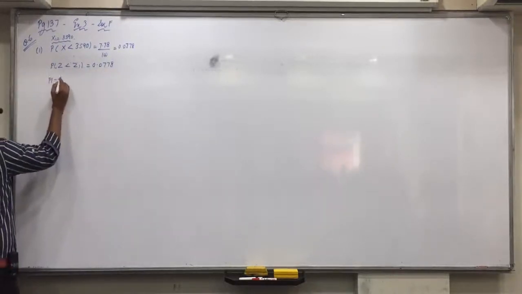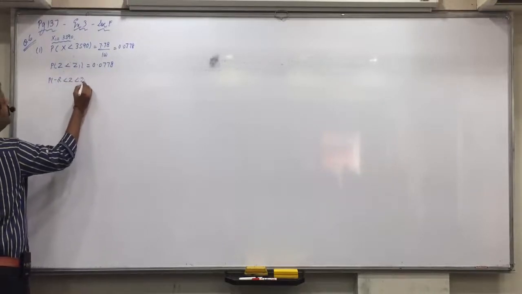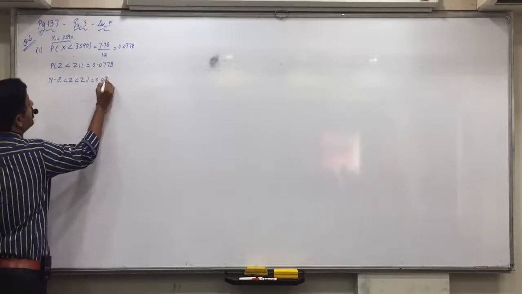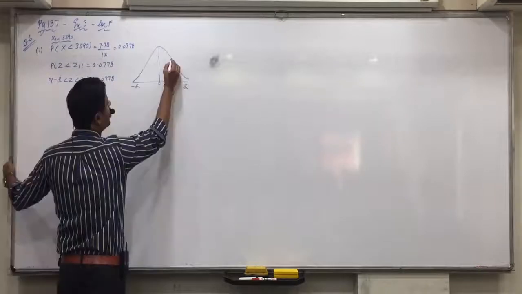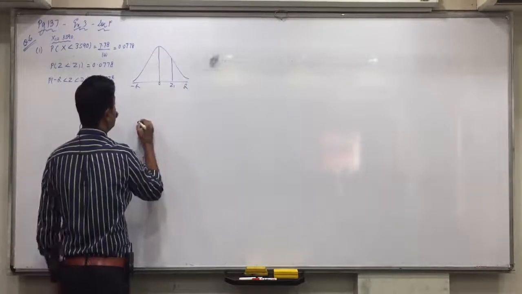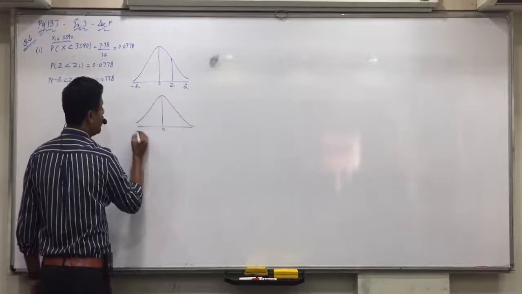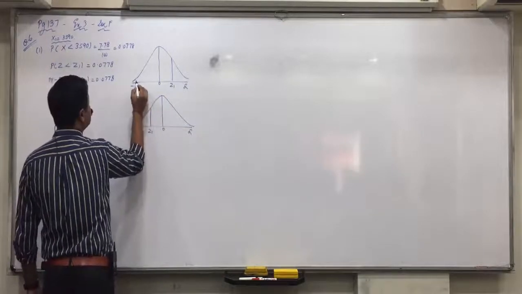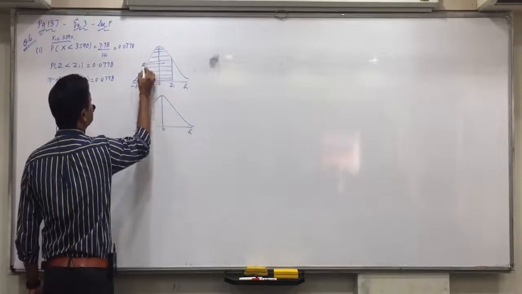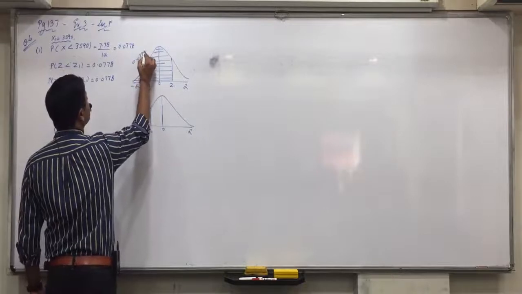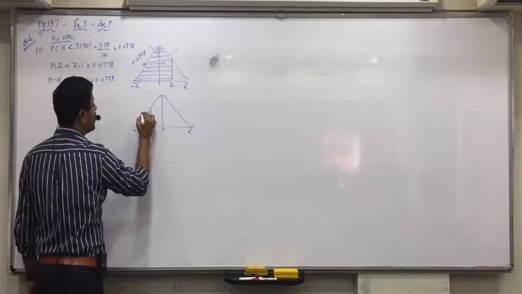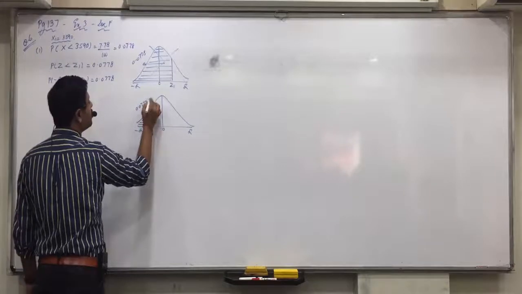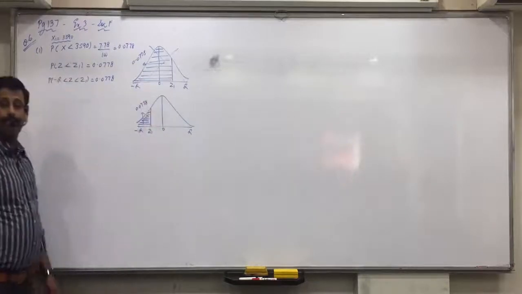P of minus infinity less than z less than z1 is 0.0778. In one diagram z1 on the right side, in another diagram z1 on the left side. Between minus infinity and z1, 0.0778. This is not possible. Second one, 0.0778 is possible. This should be more than 0.5.